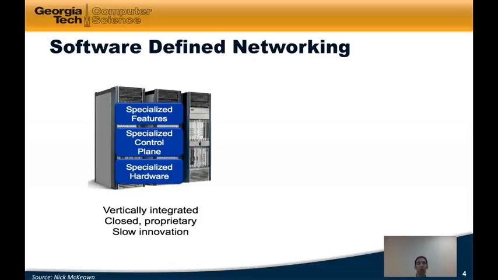So for example, if you bought a router, you'd buy the hardware for that router, but you'd also get stuck with whatever software and features were shipping with that particular router. So this vertical integration essentially binds you to whatever software and features are shipped with that particular device. This bundling effectively slows innovation.